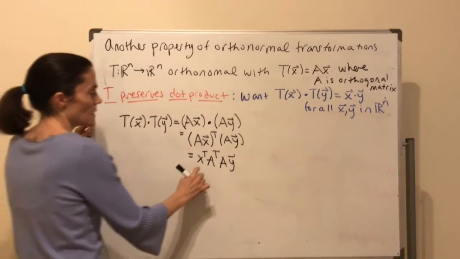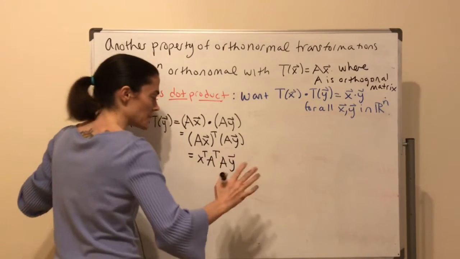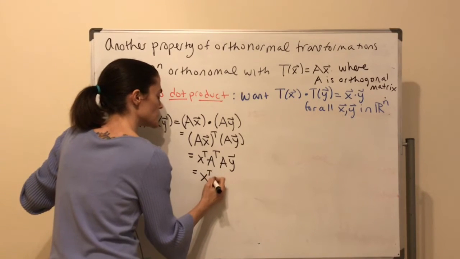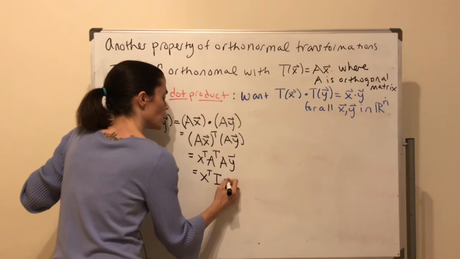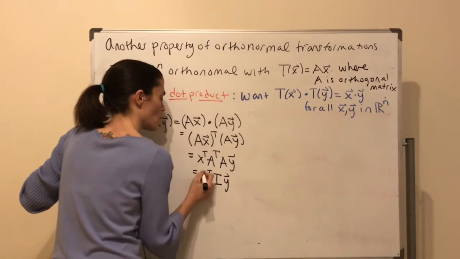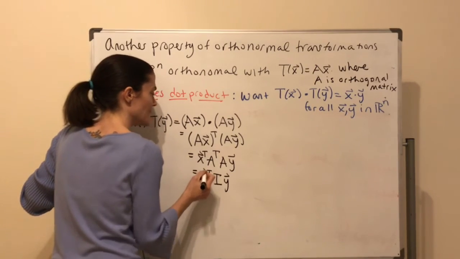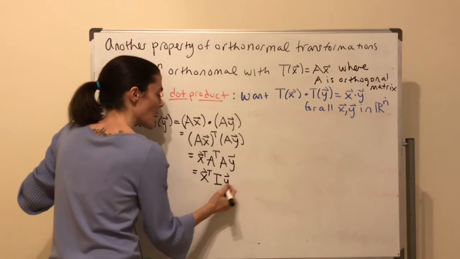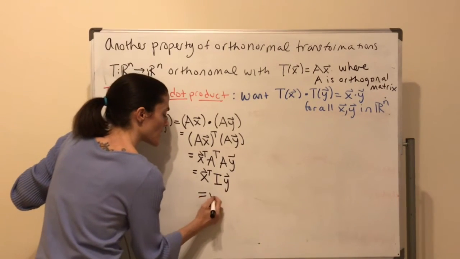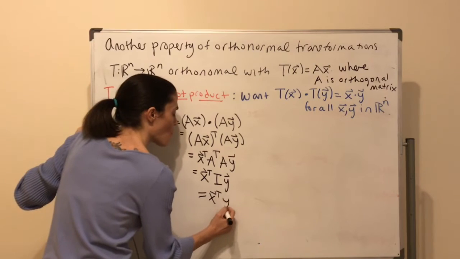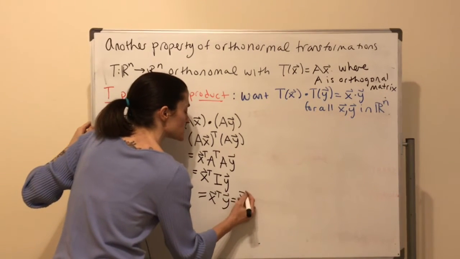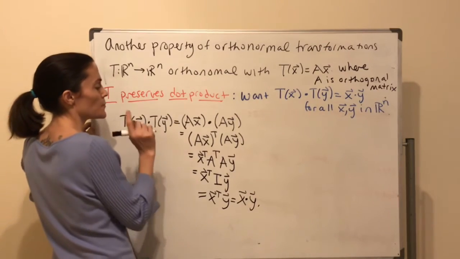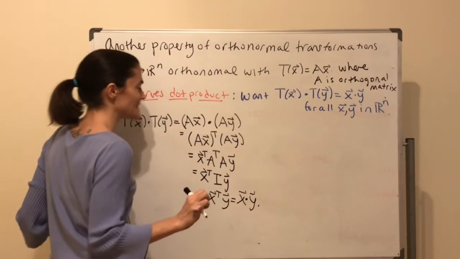So look, this in the middle here is the n by n identity. So this is x transpose times the identity. Okay, well, identity times y is y. We get x transpose y, and this is x dot y. Okay, so we see that this T preserves dot product.